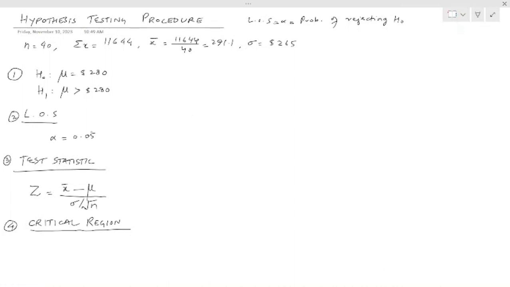Then we need to make use of the level of significance, that is the probability given for rejecting H naught. Since it is a right tail test, we need to assign this entire probability of 0.05 to the right tail part under the curve. And what should be the shape of the curve? That is indicated by the distribution. Because the distribution we are using for this hypothesis testing is Z, we need to draw a bell-shaped curve.